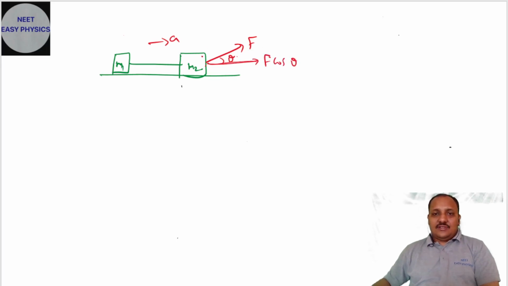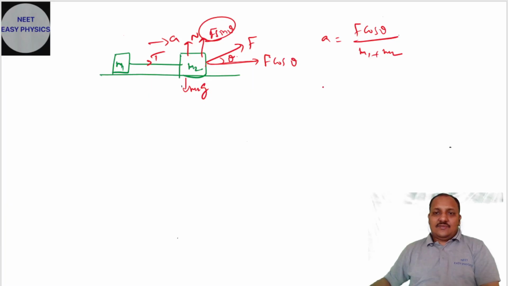This is F cos theta, and this is F sin theta. F sin theta you don't need to worry about, because it is not moving vertically. The normal reaction balances M2g. So the net force is F cos theta, by net mass M1 plus M2.